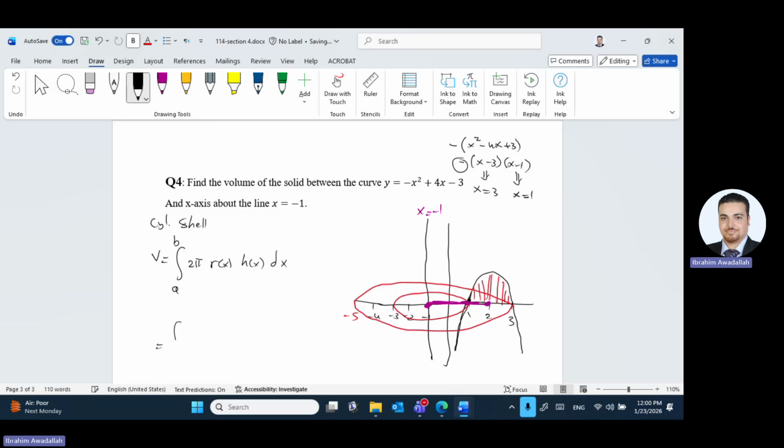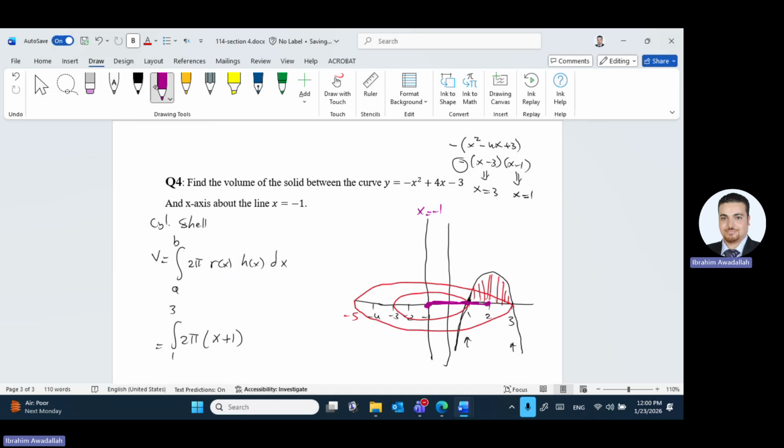This means the integration will be from where to where, my start point here, my end point here, so I will start from 1 till 3. The radius here is not x, because at the value of 1 here, the radius will not be 1. At 1, the radius will be 2. At 2, the radius will be 3. At 3 will be 4. That means x plus 1.